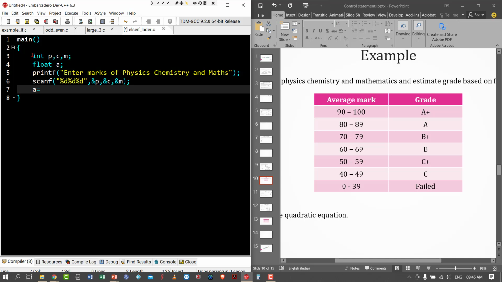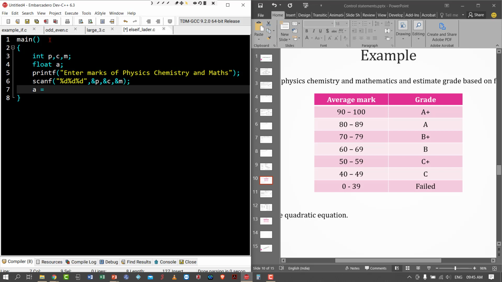Ranveer, how can I calculate average? How to find average of three numbers?